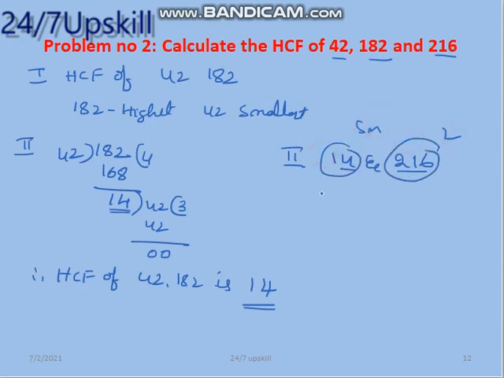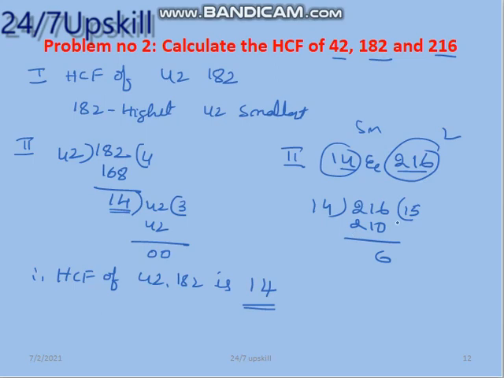So let us divide 216 by 14. It will not go completely. 14 15s are 210. So it comes to the remainder as 6.